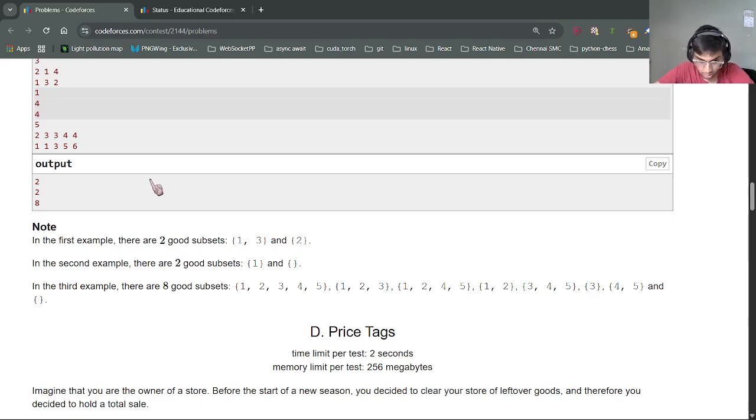So how many combinations of elements can I take? Like with the first element, I can take one and two, one and three, one and four.